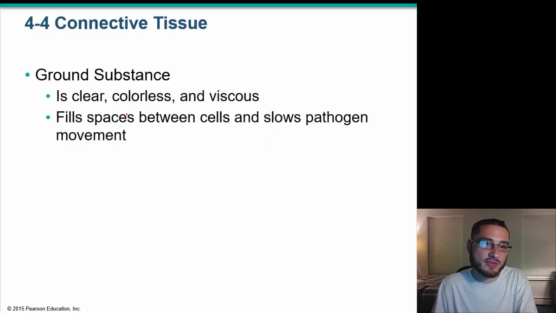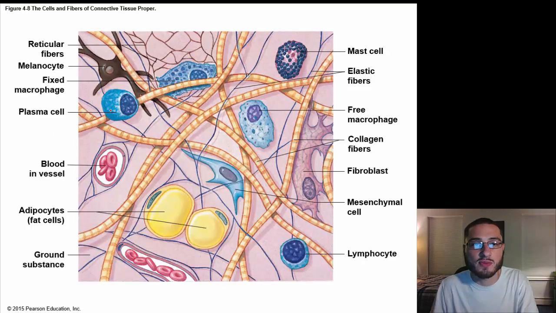You have ground substance, it's clear, colorless, and viscous, and there's varying amounts of ground substance in the different connective tissues that we spoke about. This is just a general idea of connective tissue proper.